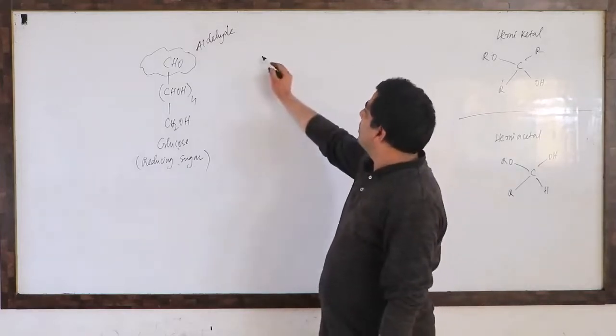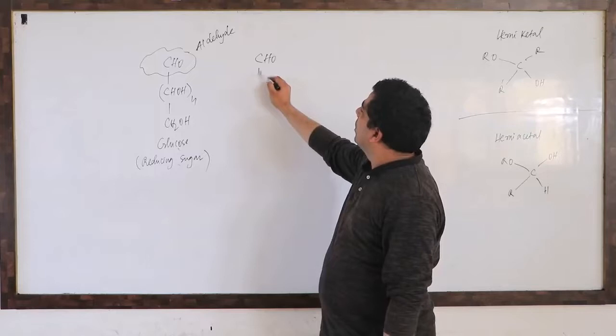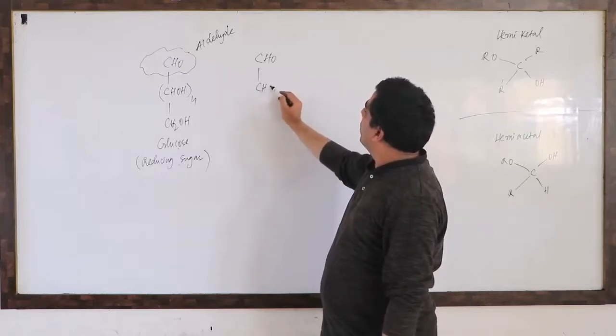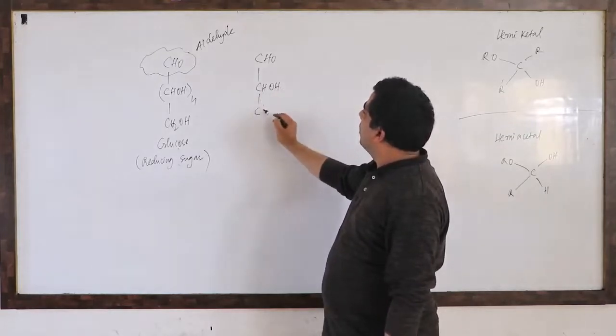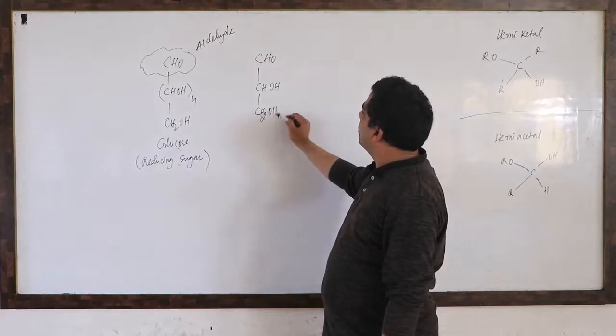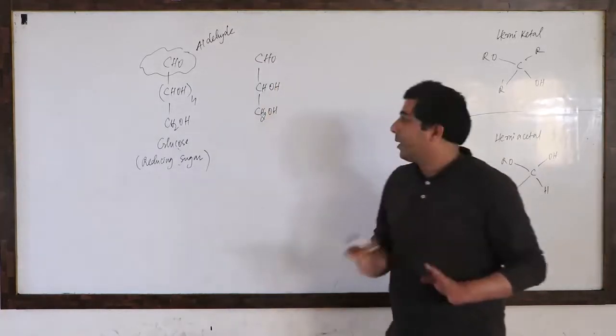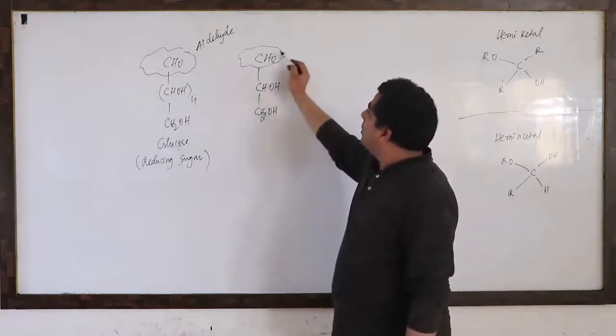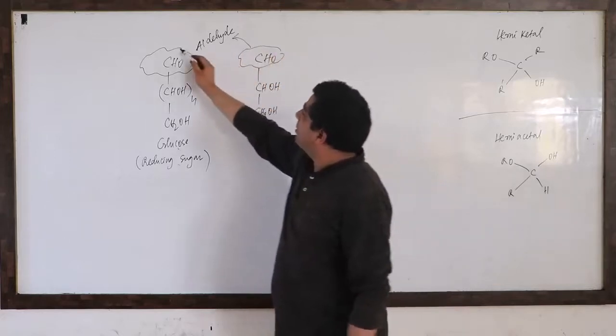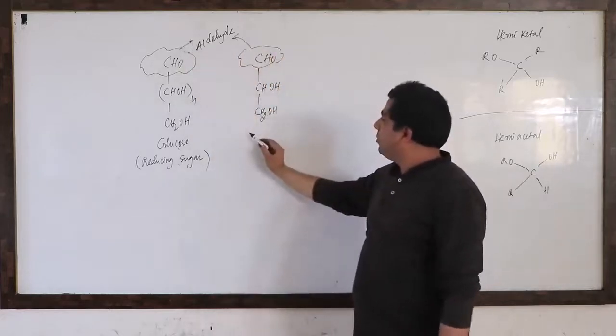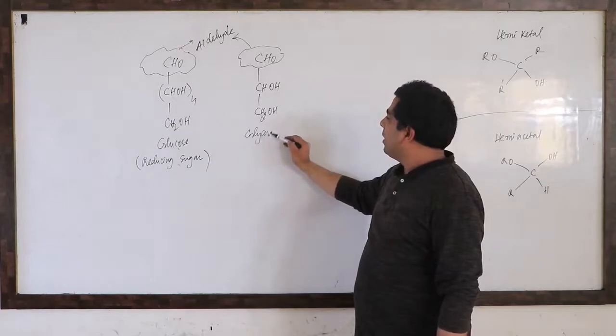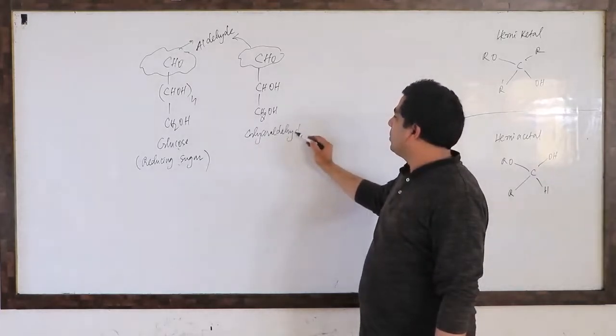Okay, let's talk about the second molecule here. If we talk about this particular thing here, CH2OH. Here also we have free aldehyde. This is known as glyceraldehyde. And this is a monosaccharide.